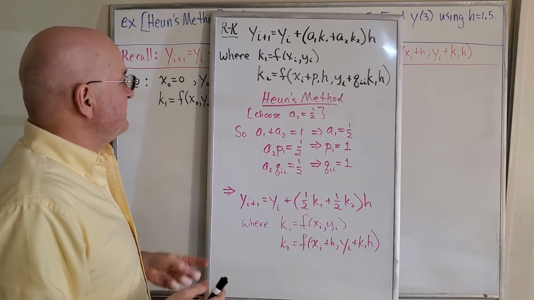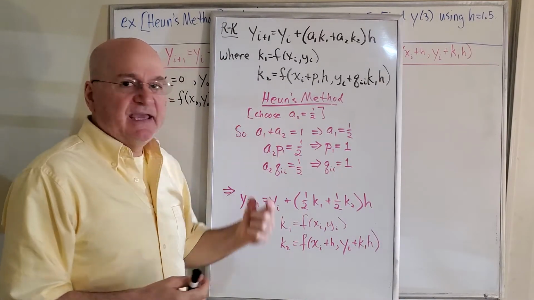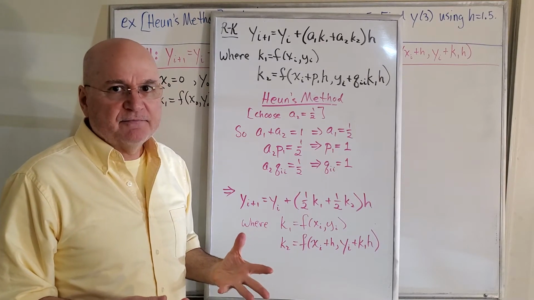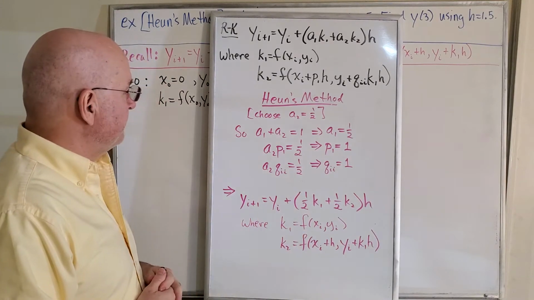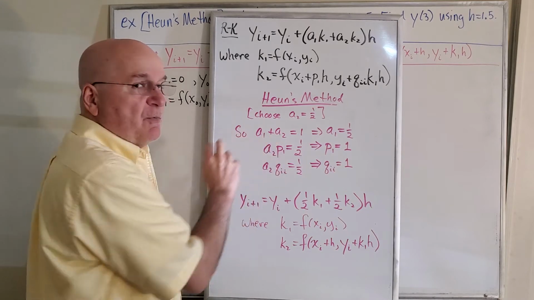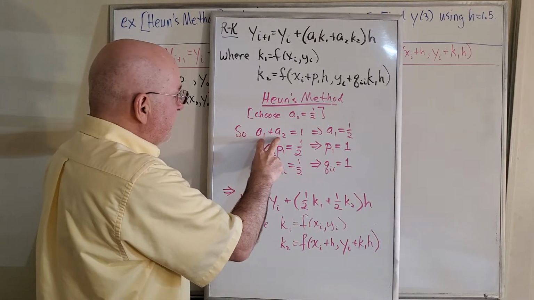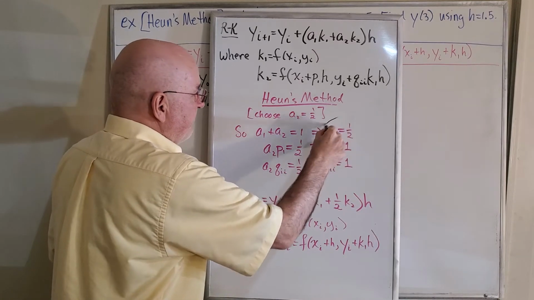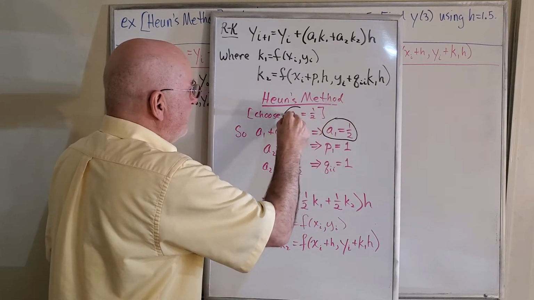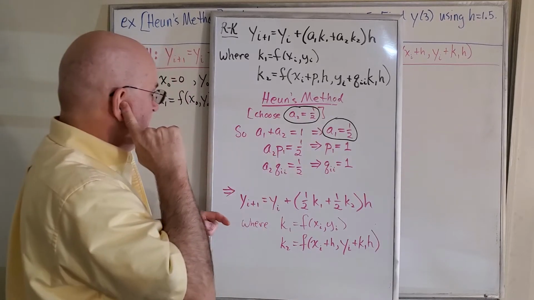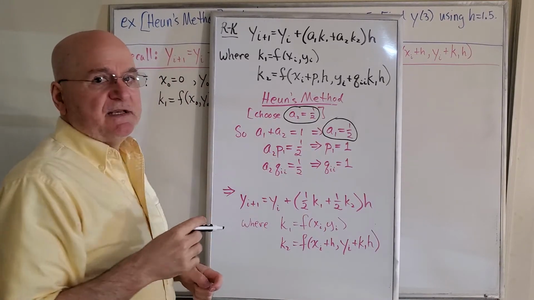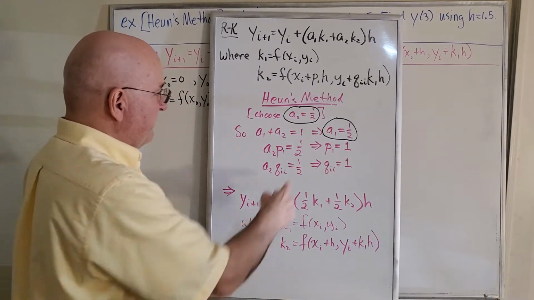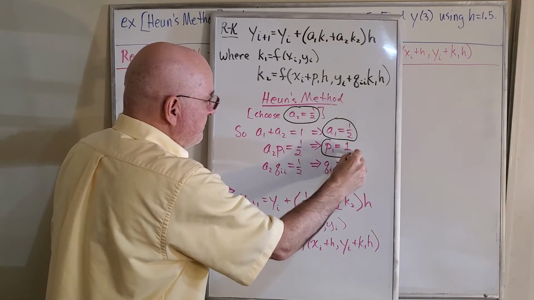Well, Heun's method simply says, make a2 equal to 1/2. Simple as that. So this formula we saw earlier, a1 plus a2 equals 1, means that a1 is equal to 1/2. So there's two of our parameters. And then if a2 times p1 is equal to 1/2, which we saw earlier, that means p1 is equal to 1.